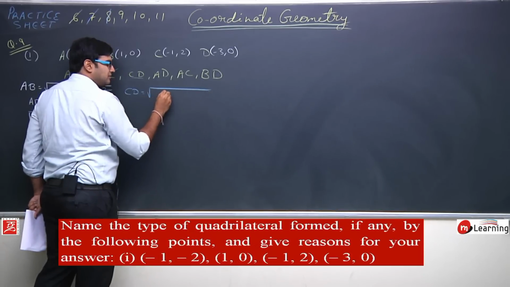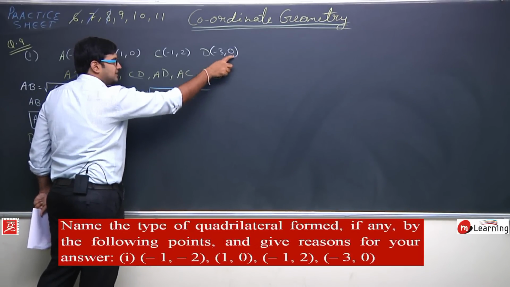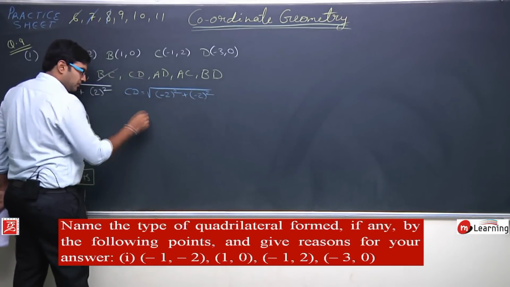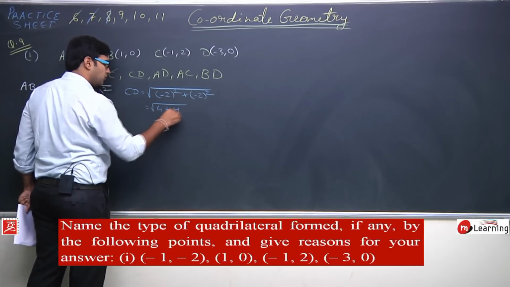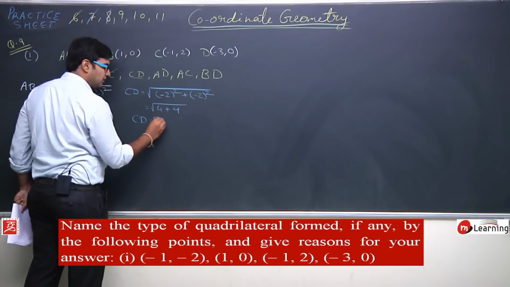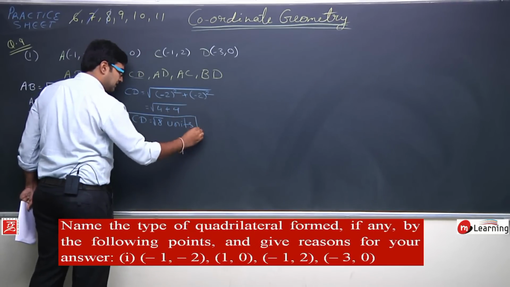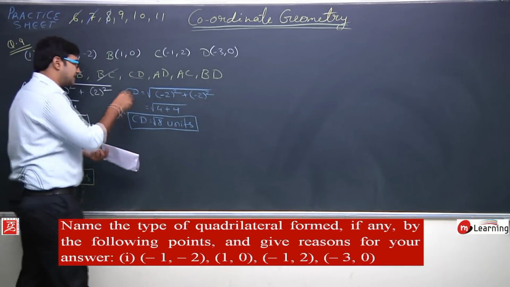So minus 3 plus 1 will give you minus 2 whole square, plus in the bracket 0 minus 2 will give you minus 2 whole square. So this will become square root of 4 plus 4 and the length of CD will become square root of 8 units. This is the length of CD. So we have calculated CD.